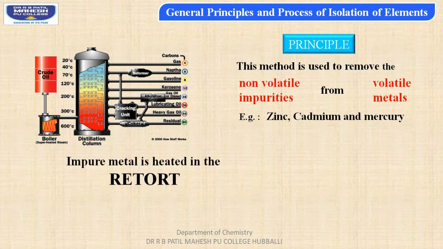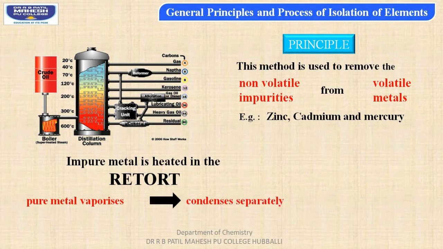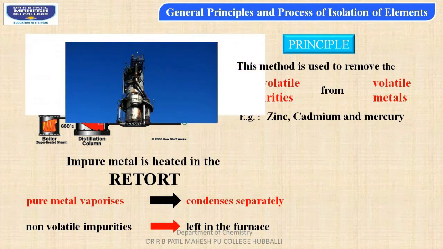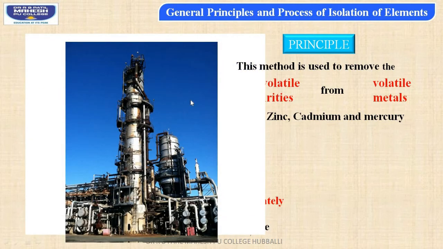In this, impure metal is heated in a retort and the pure metal easily vaporizes because it is highly volatile, followed by condensation of the metallic vapors, which gives us the pure metal, whereas the non-volatile impurity, students, would be left behind in the furnace. This diagram represents one of the distillation columns which is used to distill off the volatile metals.